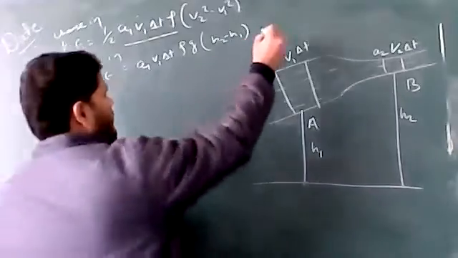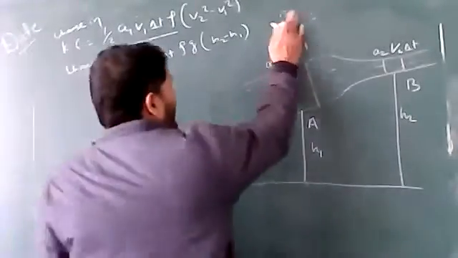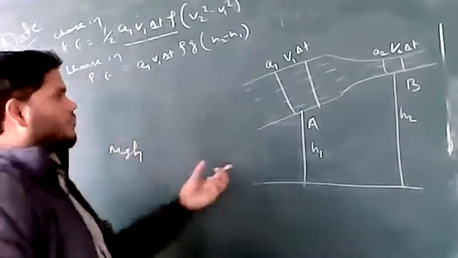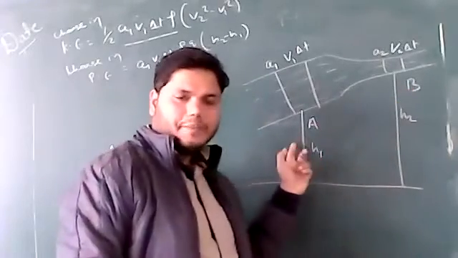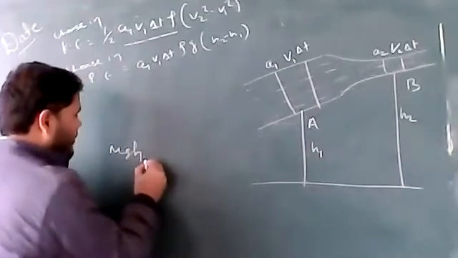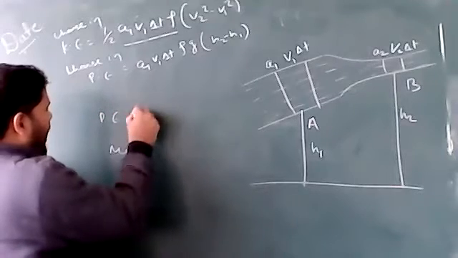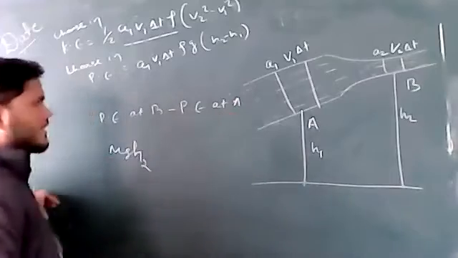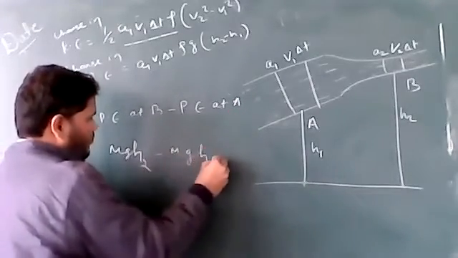How does it come? We know the potential energy formula is mgh. But if we are finding the change in potential energy, then at the B point what is the potential energy, minus at the A point what is the potential energy, that we have to subtract, B minus A. So at the B point, mgh2, potential energy at B minus potential energy at A, mgh1.